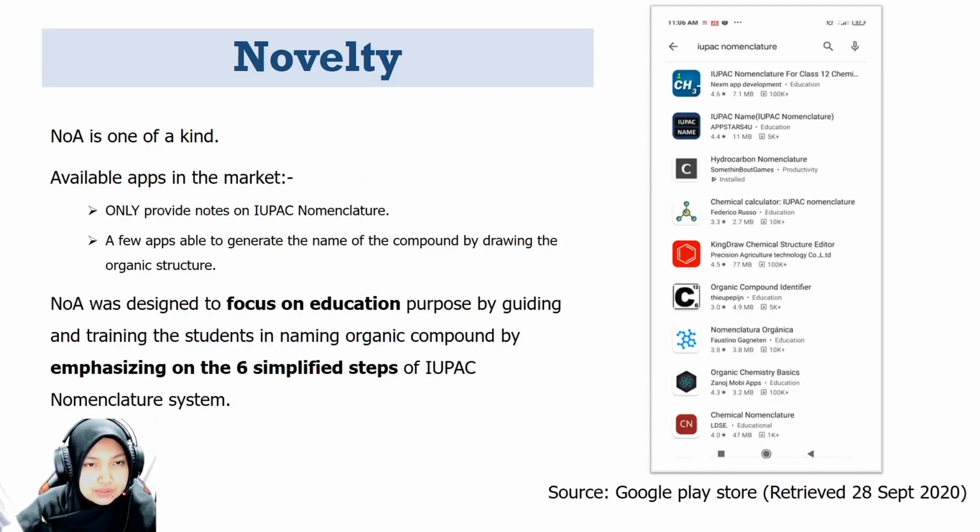Next, we take a look at the novelty of this NoA application. NoA is one of a kind. None of the applications in the Google Play Store have the same function as NoA.